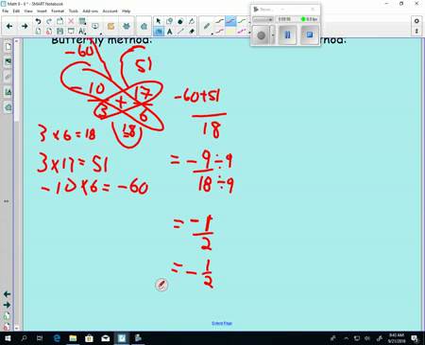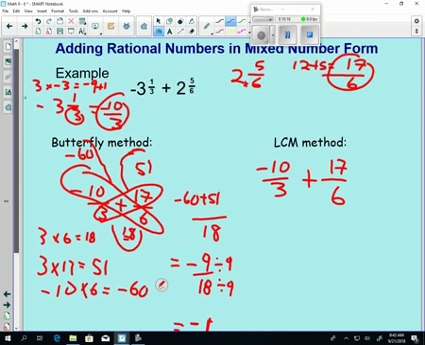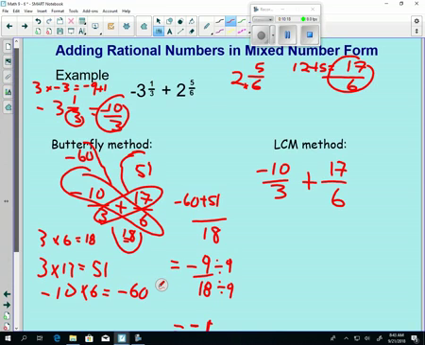If we do the LCM method, we put our two numbers here. We've already changed them from a mixed fraction to an improper fraction. Remember, we changed minus 3 1/3 to minus 10 over 3, and we changed 2 5/6 to 17 over 6.